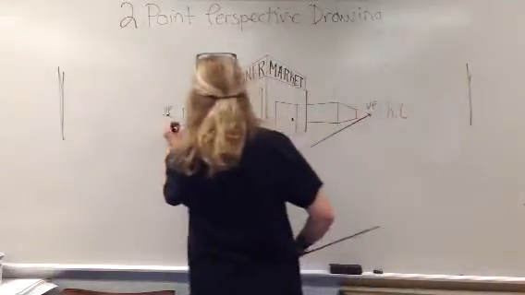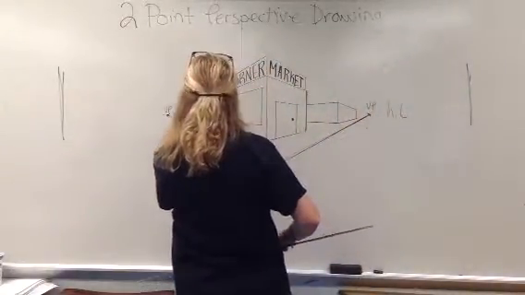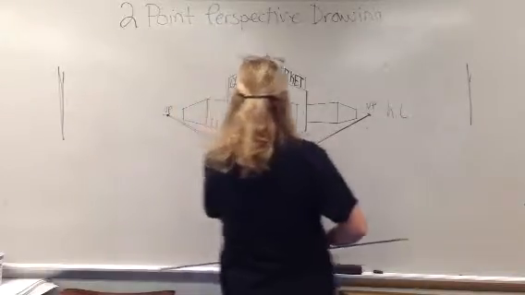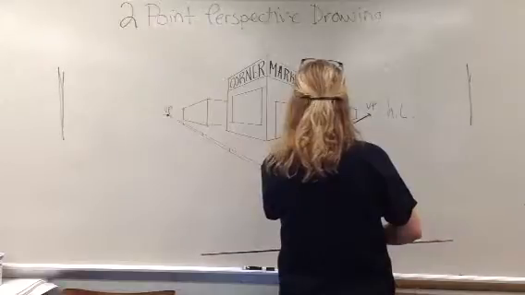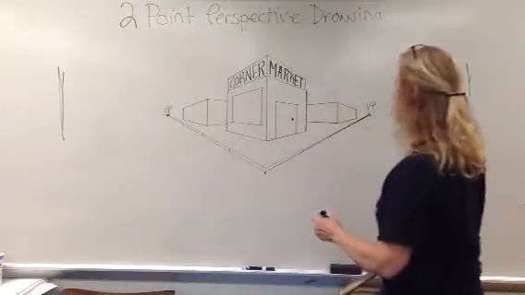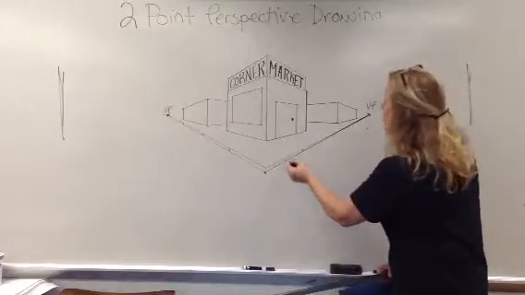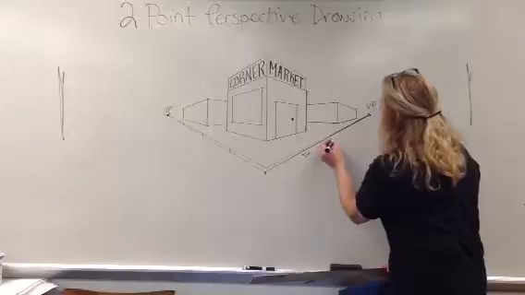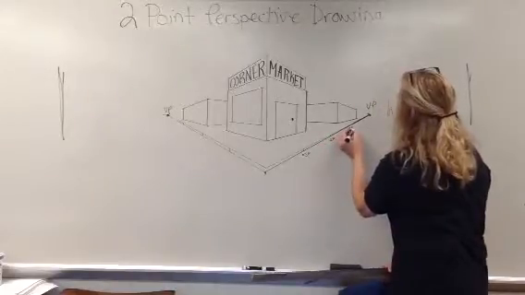So I'm going to go ahead and make my vertical lines. There they are right there. Now each one of these vertical lines becomes a station point for our cement.